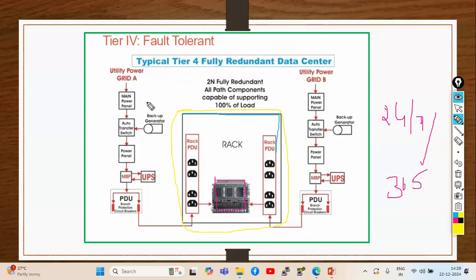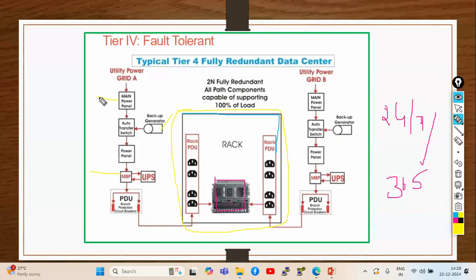So on the right hand side, you see power grid, generator, and UPS. Now by looking at it, in how many ways can this power point get power? Three ways. One is from the raw power, that is from the supply.